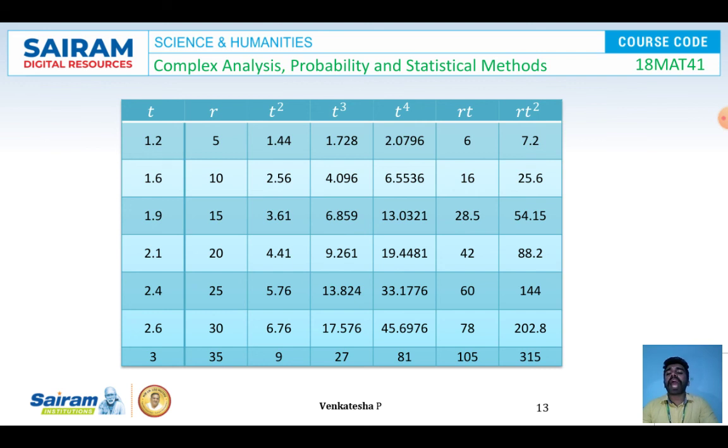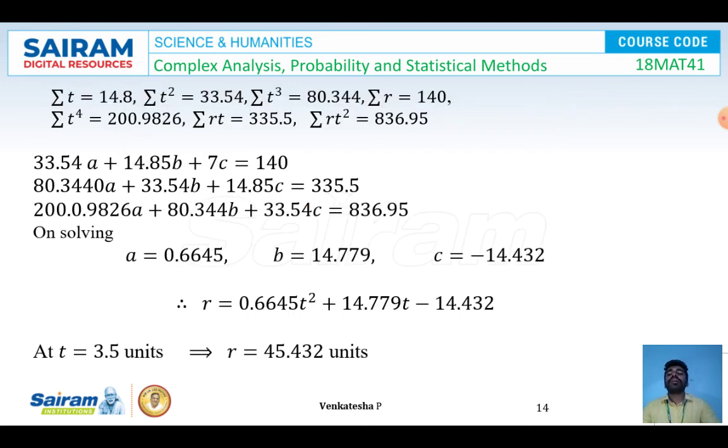So now I am going to calculate summation t, summation r, summation t square, summation t cube, summation t power 4, summation rt and summation rt square. So I got the value like summation t is equal to 14.8, t square is 33.4, t cube is 80.344, r is 140, t power 4 is 200.9826, rt is 335.5, rt square is 836.95 and n is equal to 7.